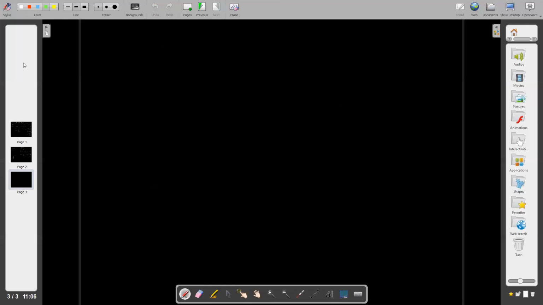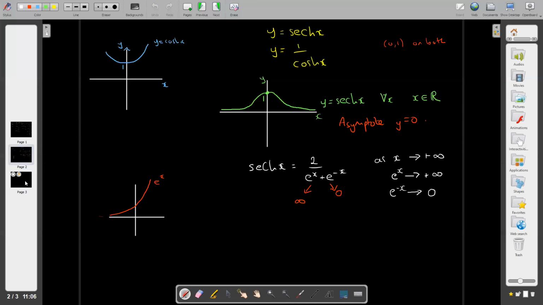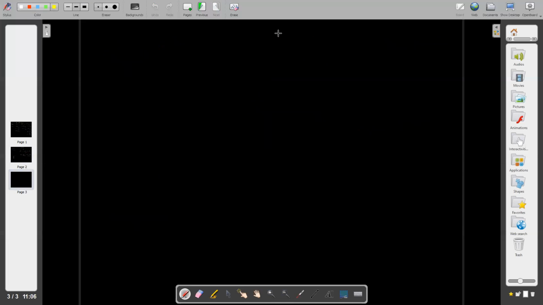Okay. So next one, let's have a look at cosech. Okay, so let's have a look at y equals cosech. Whenever we want to think about a graph of something like y equals cosech, think about what it's based on. Well, this is 1 over the hyperbolic sine, isn't it?